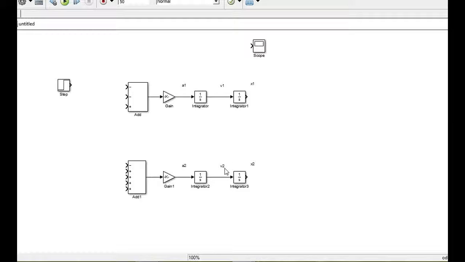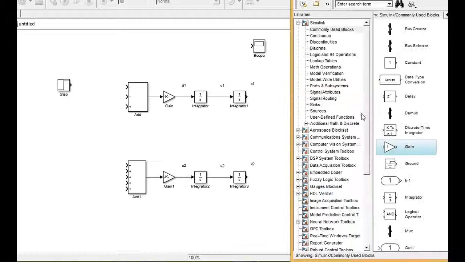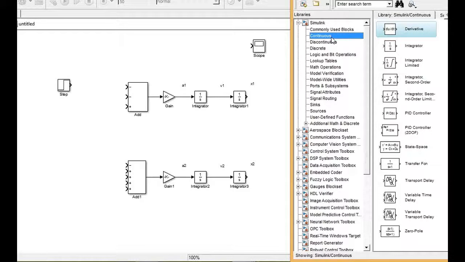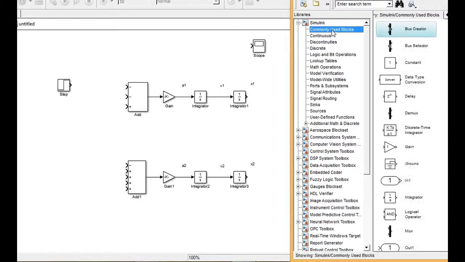And I'll have to take an addition block. I'll take it from the math array, and I'll take the gain block first.